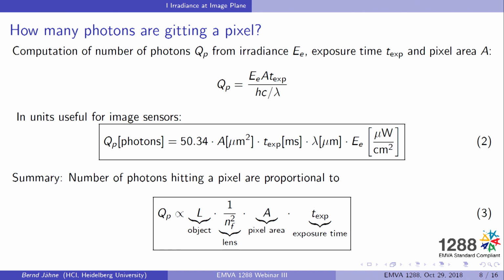And to get now the number of photons, all we need to know is actually what is the energy of a photon, and this is given by Einstein, which is basically Planck's constant h multiplied with the frequency of light. But well, frequency, we are not very common with this thing.